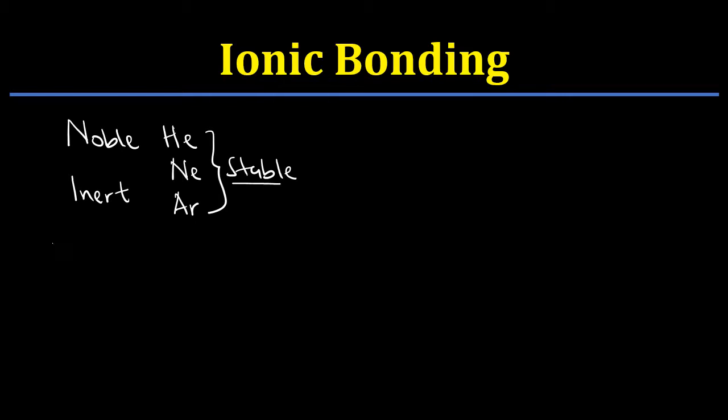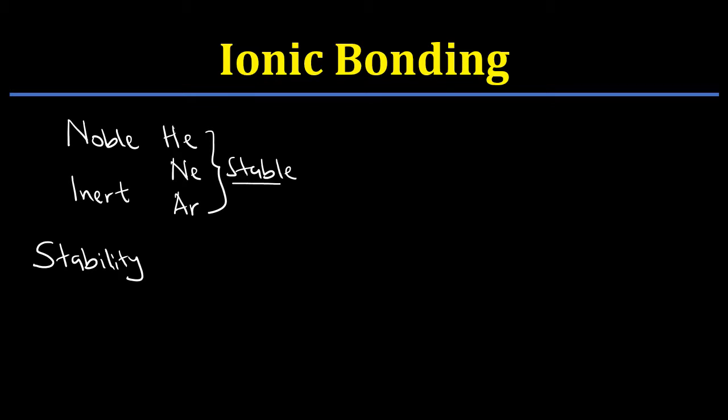So when we are looking at bonding, we tend to obtain stability. Atoms like sodium, chlorine, oxygen, whenever they want to undergo a reaction that involves bonding, in the process they want to attain stability.